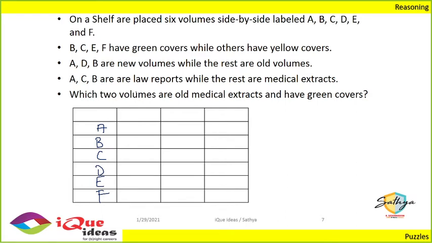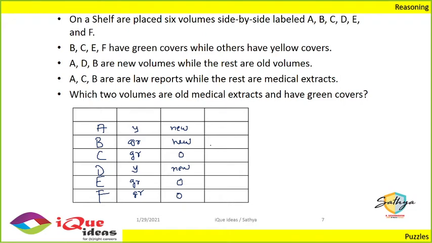It says B, C, E, F have green covers. So B, C, E, and F have green covers while the rest have yellow. Okay. A, D, B are new. A, D, and B are new, which means the remaining are old.